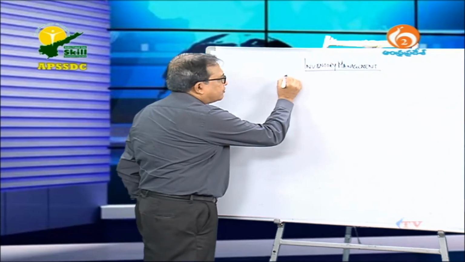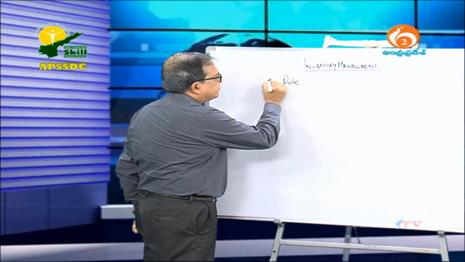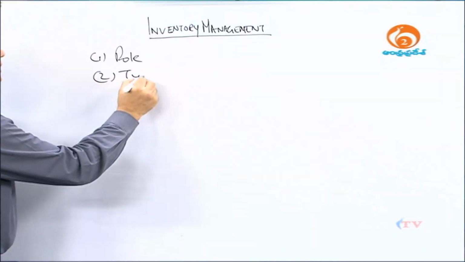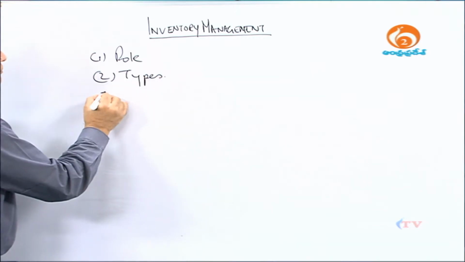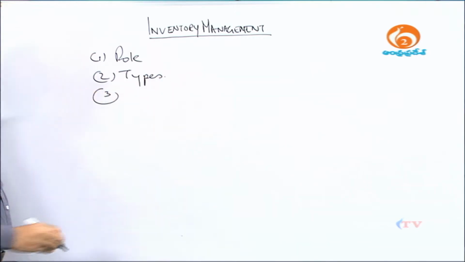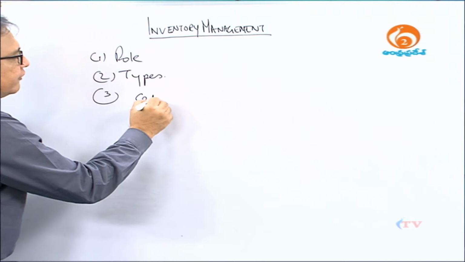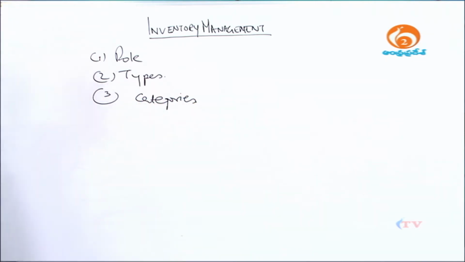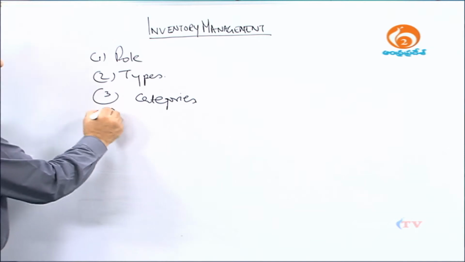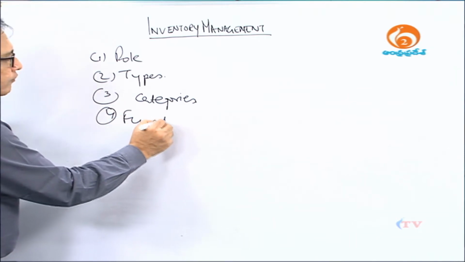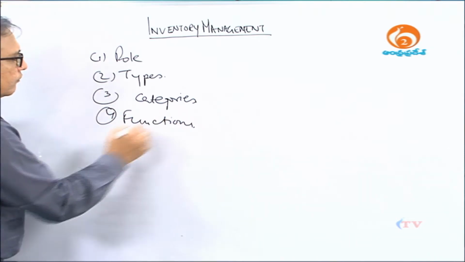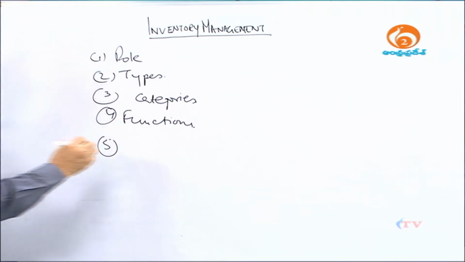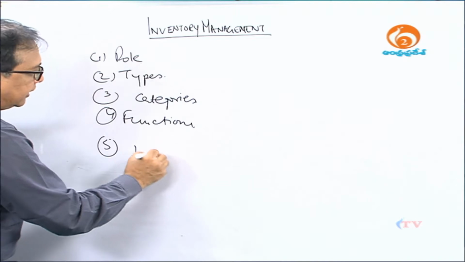So, we discussed what is the role of inventory, what are different types of inventory, what are the categories of inventory, what are the functions of inventory, and inclinations.